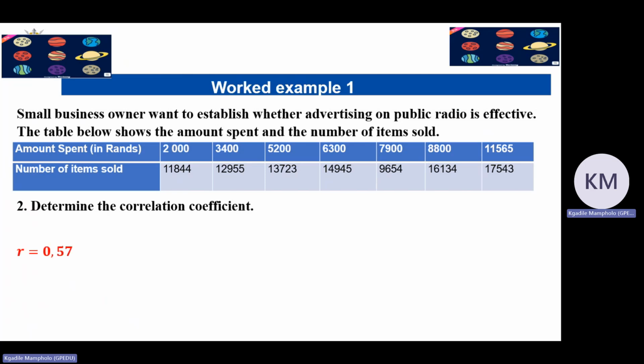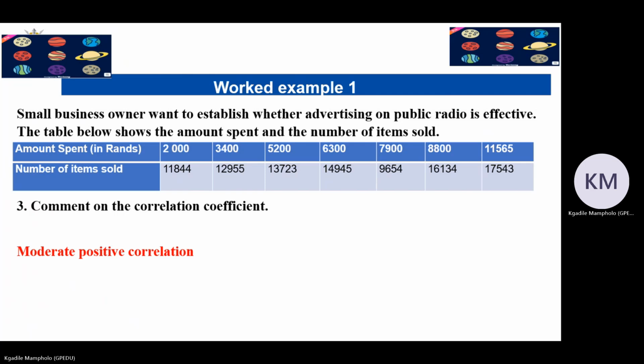If you calculate it correctly, your correlation coefficient will be 0.57. If there's a comment on the correlation coefficient, because this number is close to 0.5, we'll say there is a moderate positive correlation.